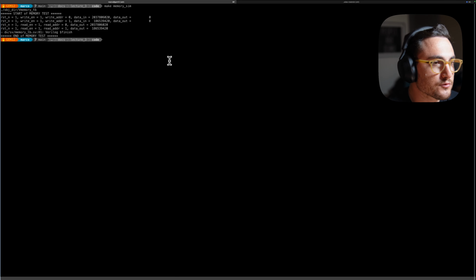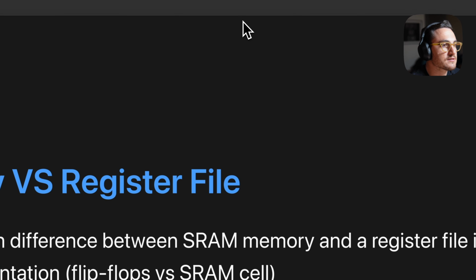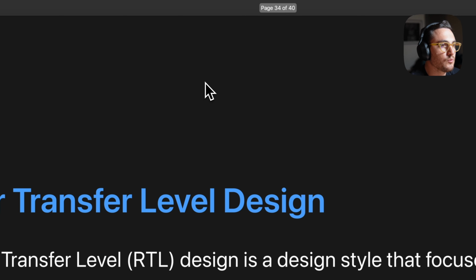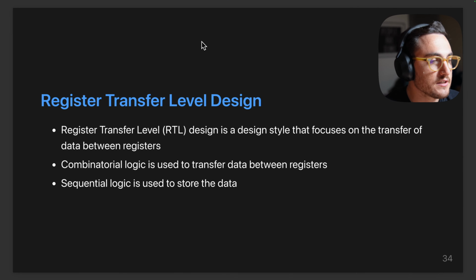Before wrapping this lecture up, I want to discuss why we saw all of this. We saw all of this because throughout the next lectures, we're going to write code in a way that is called register transfer level. This way of coding hardware works by seeing everything as a bank of registers separated by combinatorial logic. So we're going to set up stages of flops divided by combinatorial logic.